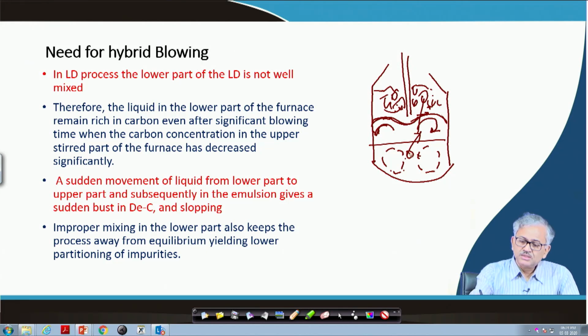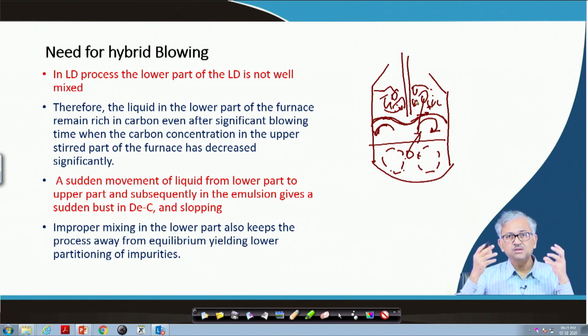When it goes to the upper part and subsequently into the emulsion, there can be a burst in the decarbonization rate.